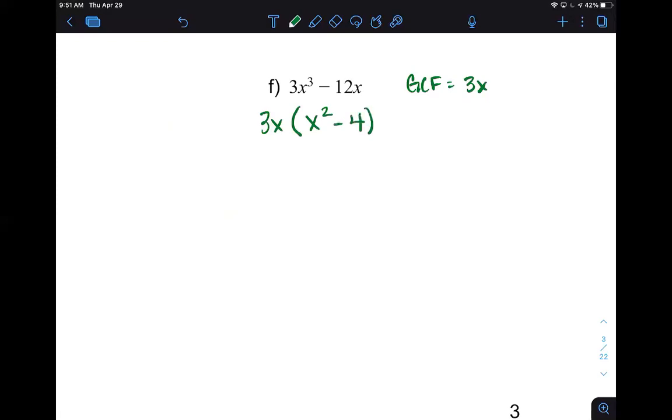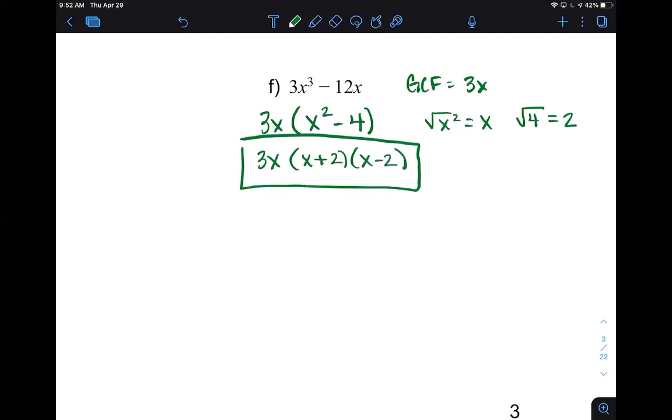And then we need to check, can you take the square root of x squared? What is it? X. And what about the square root of 4? 2. So this factors further to be 3x times the quantity x plus 2 and x minus 2. Questions on factoring?